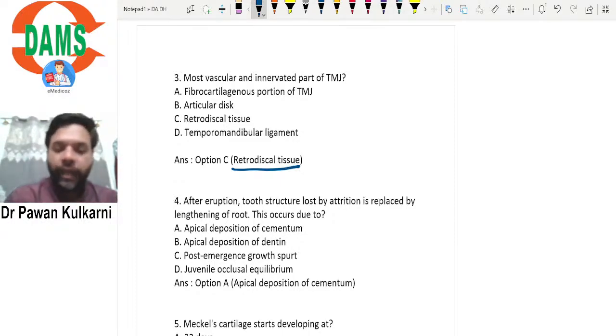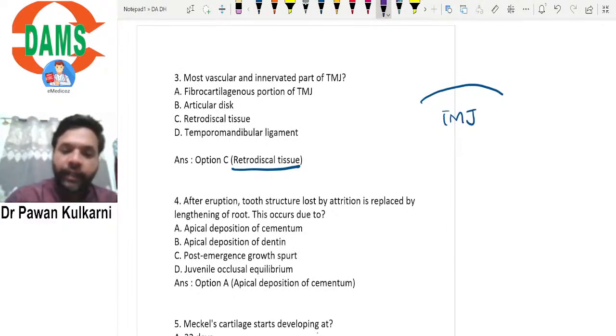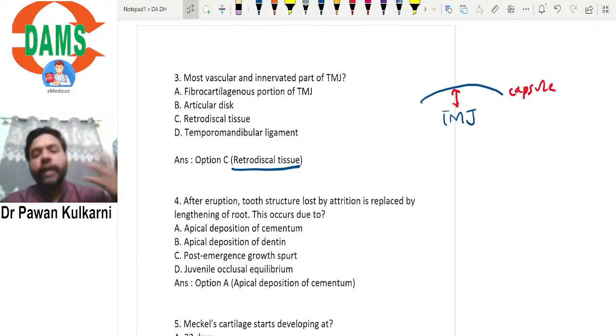For example, we'll consider this as the TMJ proper, and this is the capsule. So the retrodiscal tissue connects the TMJ to the capsule.